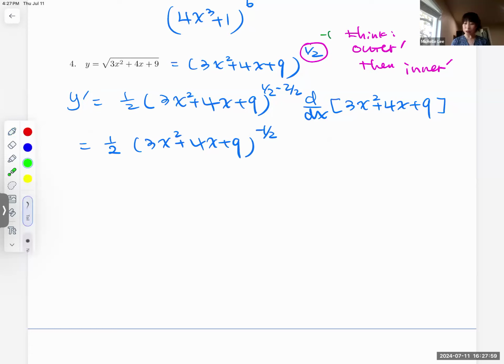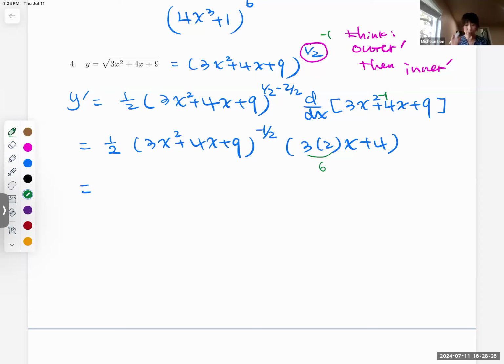And then we want the derivative of what's inside. So keep the coefficient, drop the power, reduce by 1. And second term, just a 4. Okay, this one we have 6x.